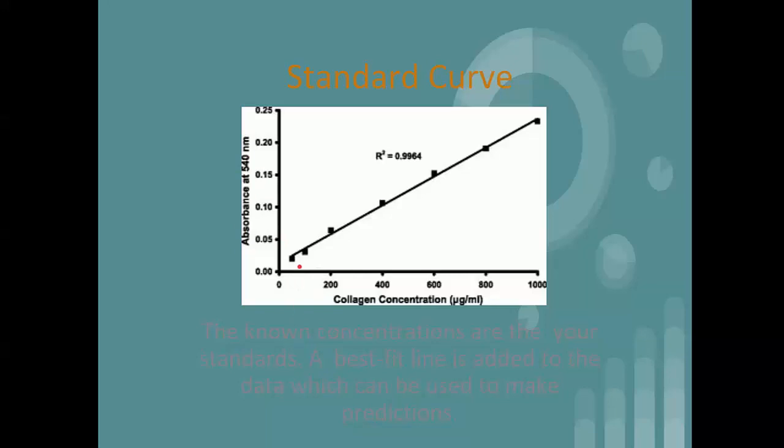And then you can put in a best fit line, and you'll have an unknown solution, a solution where you don't know what the sugar concentration was, and you will use your graph to predict what that unknown concentration was. The way you'll do that is you'll say, how much mass did I gain or lose? And you can draw a line straight over from that to the best fit line and straight down, and you'll get a really good idea of how concentrated that solution was that you placed your potato in.